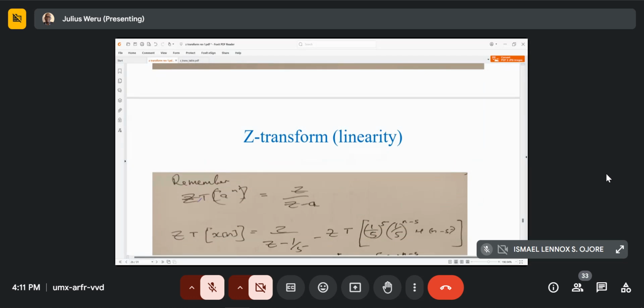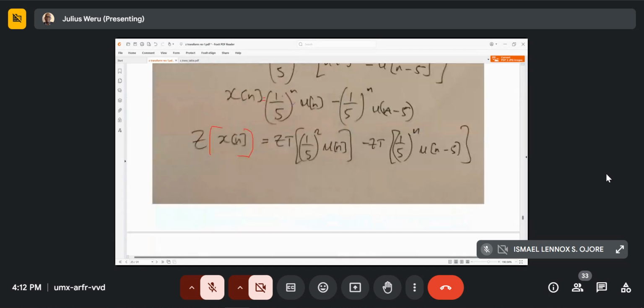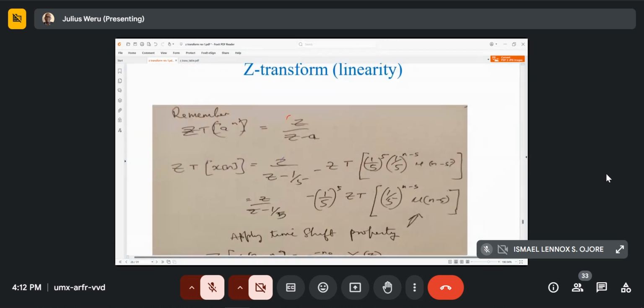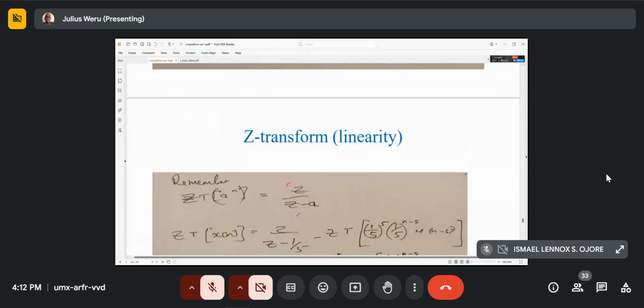Remember, the Z transform of a to the n is z over z minus a.